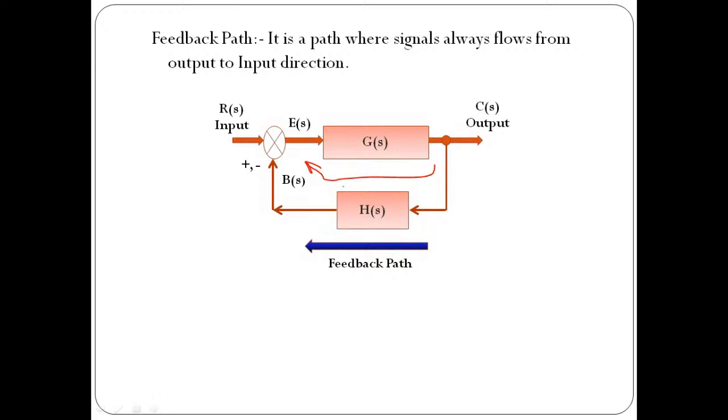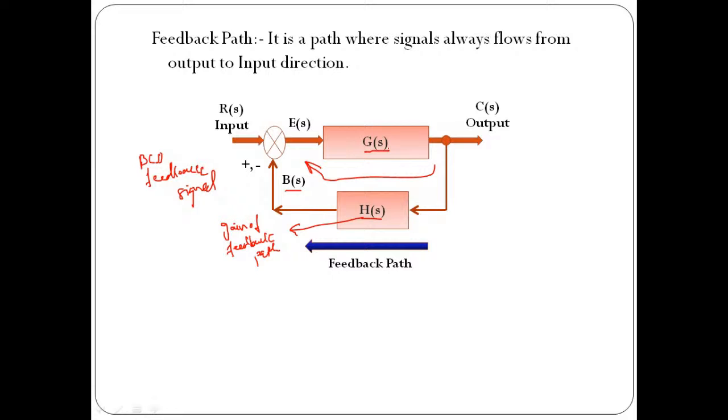Whatever signal flows through this feedback path is called the feedback signal. So this B of S indicates the feedback signal, and this H of S indicates the gain of the feedback path. That is important.